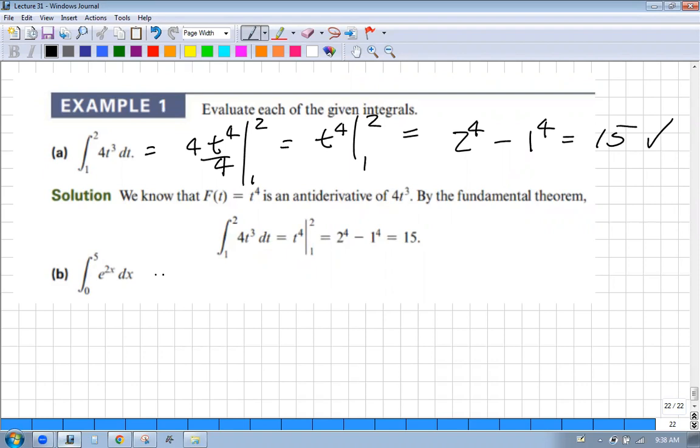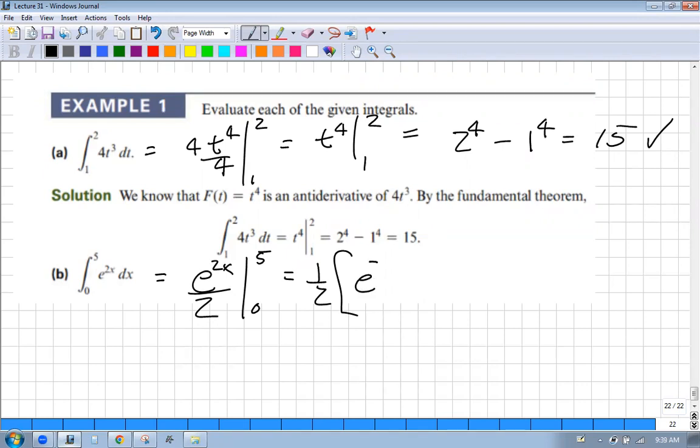So this guy here, the integral of e to the stuff is e to the stuff divided by the derivative of the stuff, right? If I took the derivative of this, I would get that. And then we want to evaluate it from 0 to 5. If you want, you could pull out the 1/2 first.